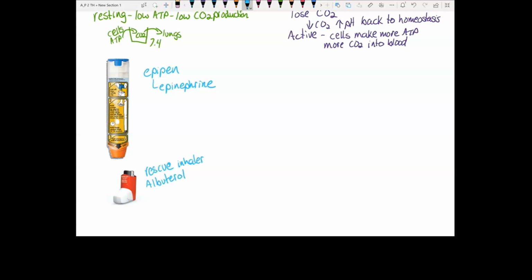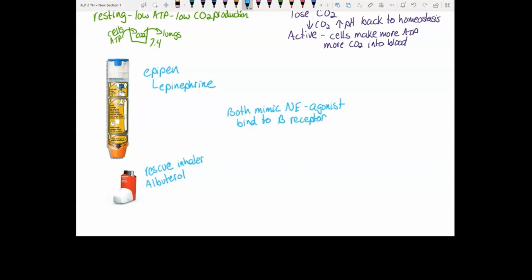Both of these medicines work in the same way. They both mimic norepinephrine. So that is called being an agonist. They are both norepinephrine agonists, so they will both bind to the beta receptor.